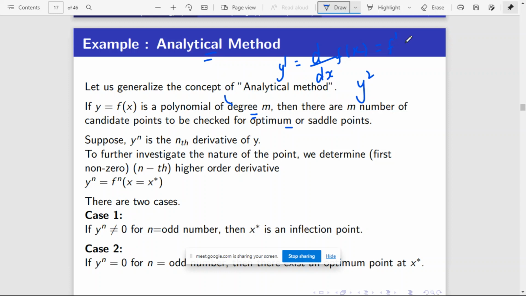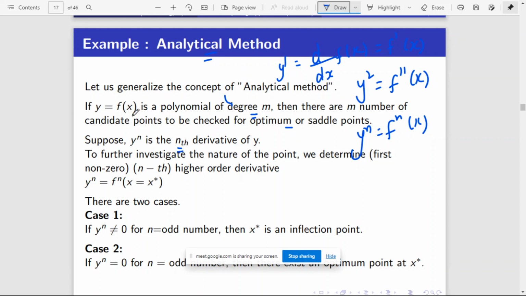F dash of x is nothing but the first level derivative. y2, this is not square, y2 is nothing but the second level derivative. Yn means you are taking the derivative n times, so that is called yn, the nth derivative of y, where y is f of x.